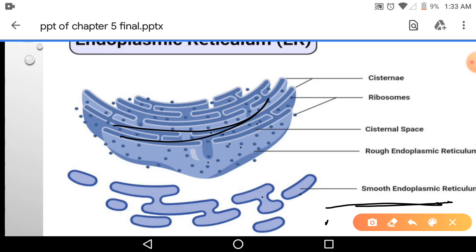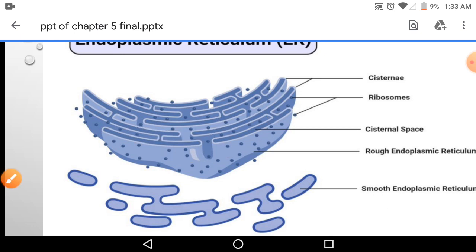The endoplasmic reticulum also functions as a cytoplasmic framework, providing a surface for some of the biochemical activity in the cell, and it plays a crucial role in detoxifying many poisons and drugs. So it removes the poisons from poisonous material.